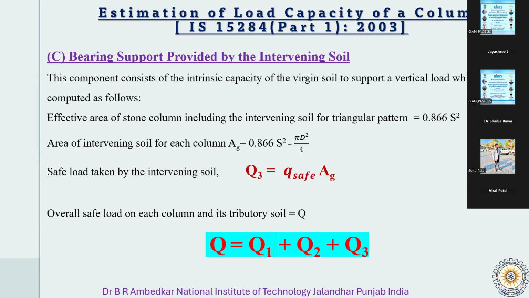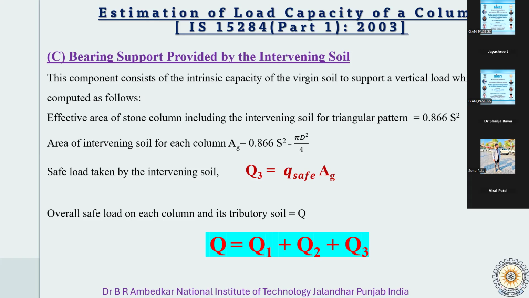And then the third thing is the bearing support provided by the intervening soil. So again, this component consists of the intrinsic capacity of the virgin soil to support a vertical load, which is generally computed by the effective area of the stone column, including the intervening soil.